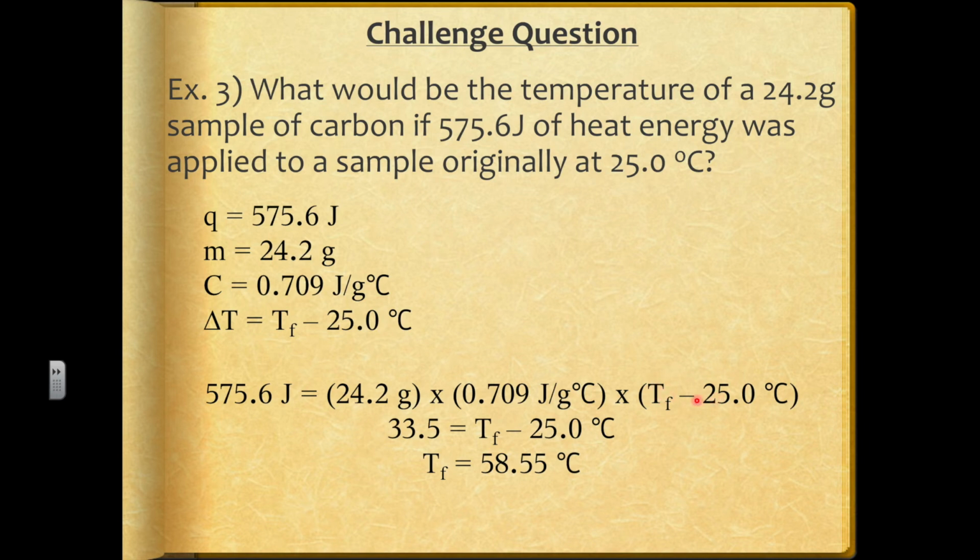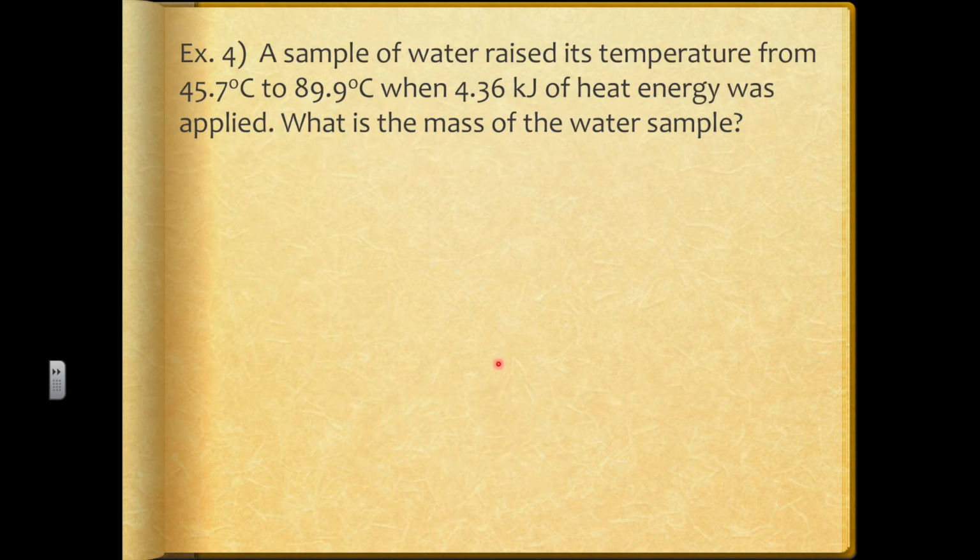Now the problem is that this is algebraically in a fraction, so I'm going to multiply these two and then move them over to the other side and get 33.5, and then I will get 58.55 degrees Celsius.